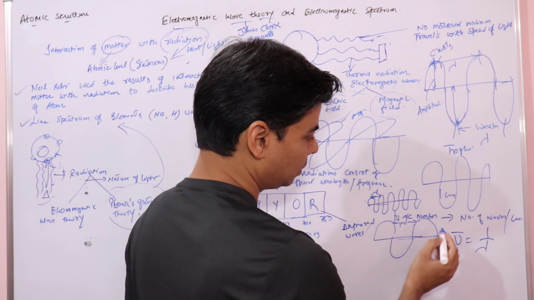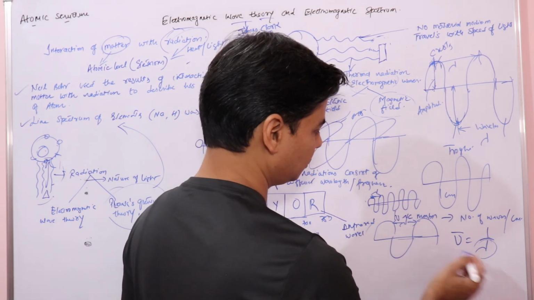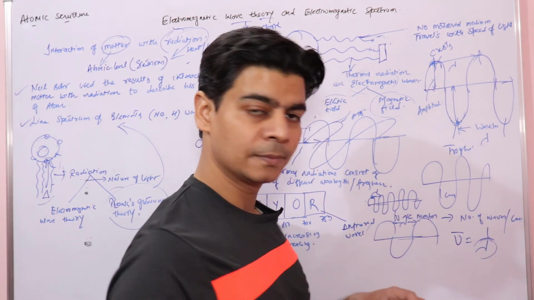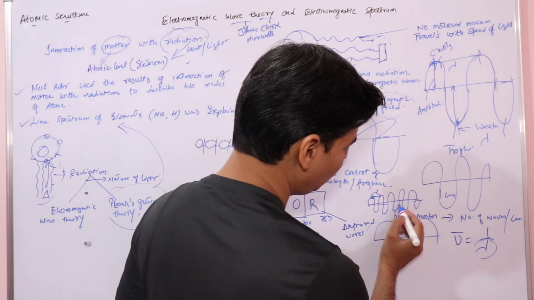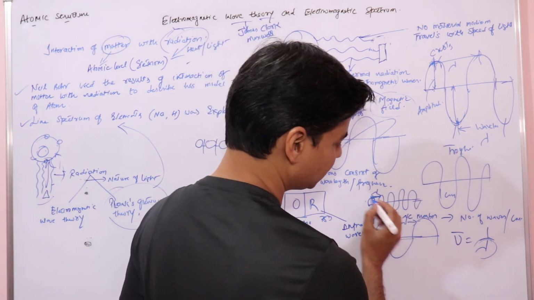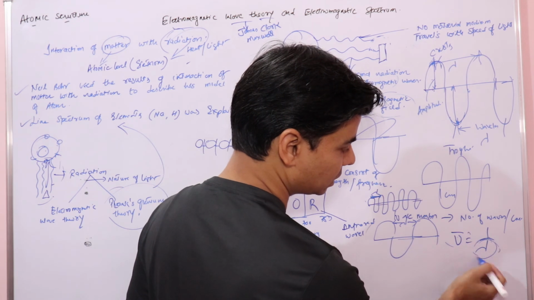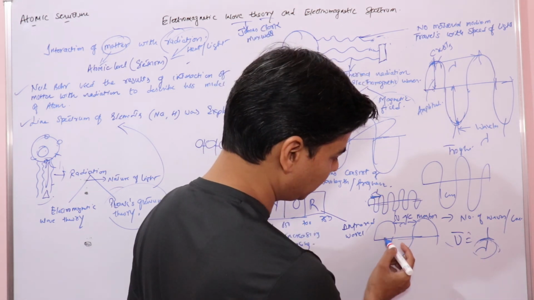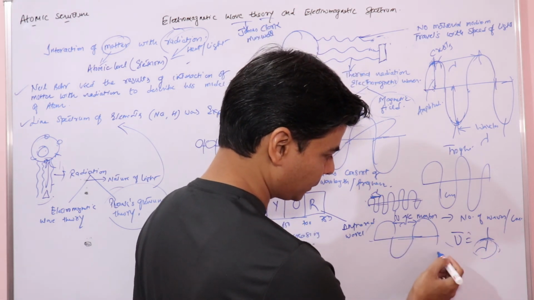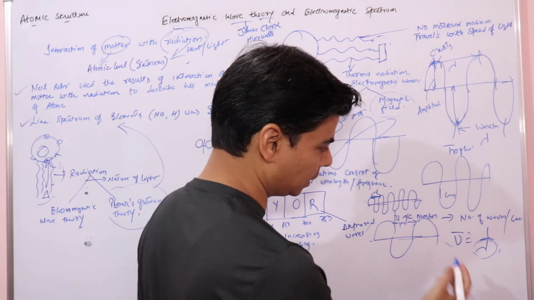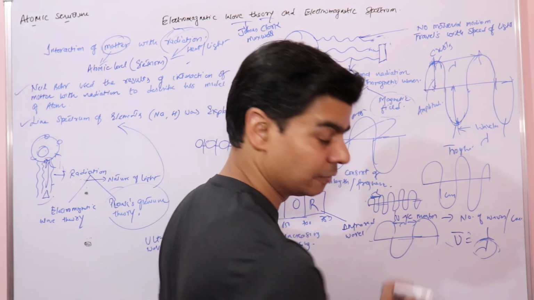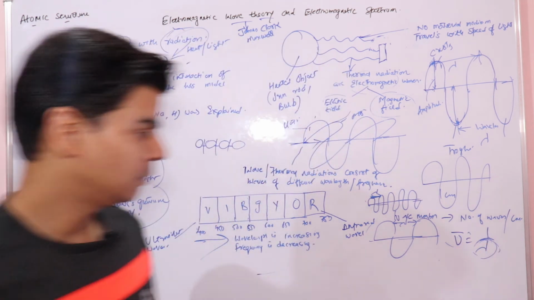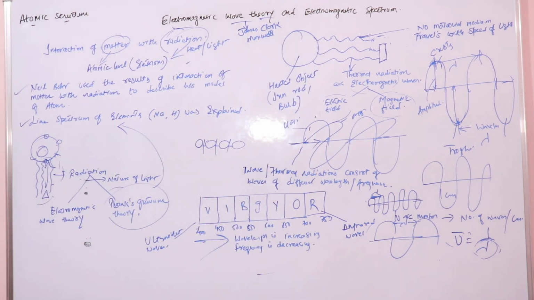More waves means a higher wave number. So when you have more waves, you have less wavelength, so wave number is inversely related to wavelength. Similarly here you have fewer waves, so the wavelength is high. Fewer waves means a lower wave number, so wavelength is high, right? This is how wavelength and wave number are related.